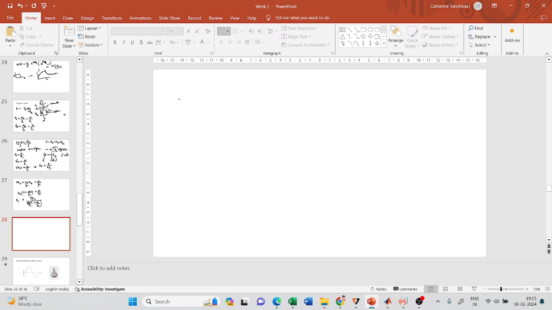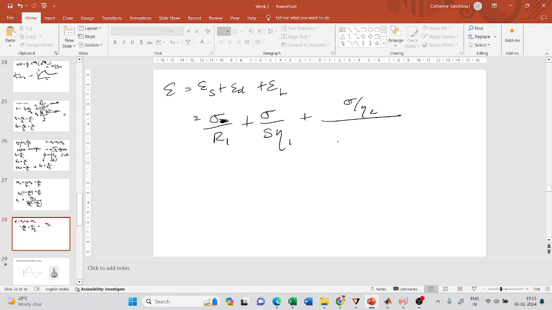So I can simply add them now. Epsilon is equals to epsilon s plus epsilon d plus epsilon k, which will be sigma by R1 plus sigma by s into eta 1 plus sigma by eta 2 divided by s plus R2 by eta 2.